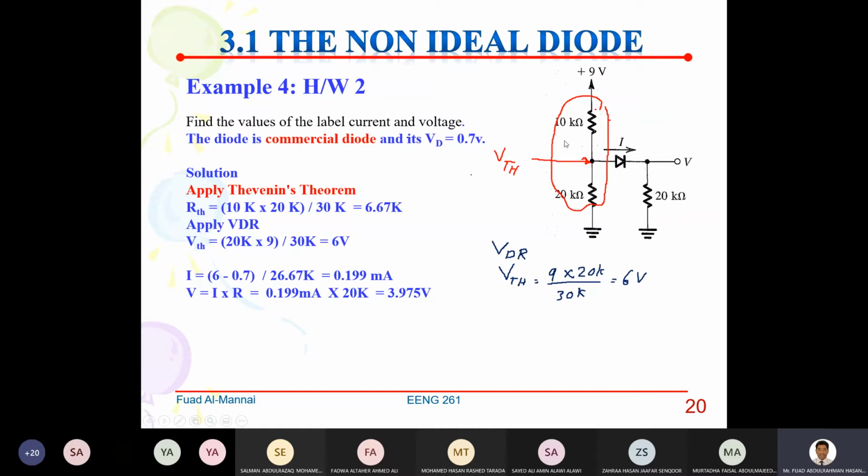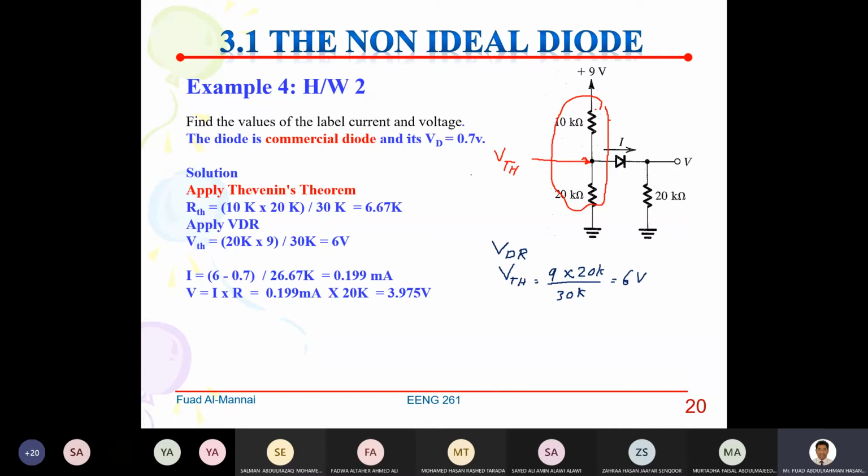You will see this network at the input. Every time you see something like this, the first thing you're going to do is apply Thevenin theorem to the input here. How are you going to apply it?